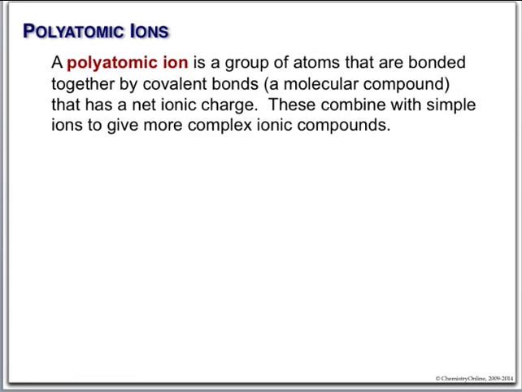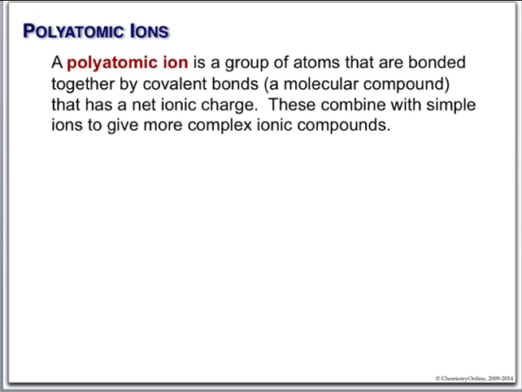There's another type of compound we're going to talk about as far as ionic compounds go, that will contain a metal, or at least a cation, but they are paired with what's known as a polyatomic ion.